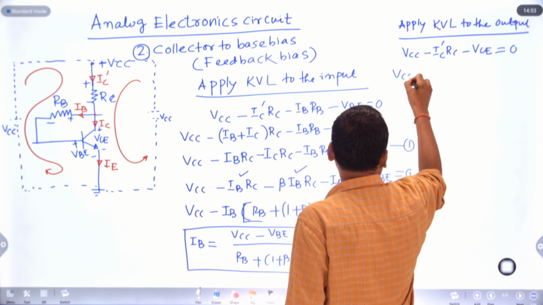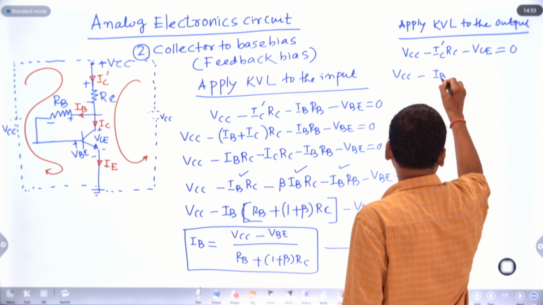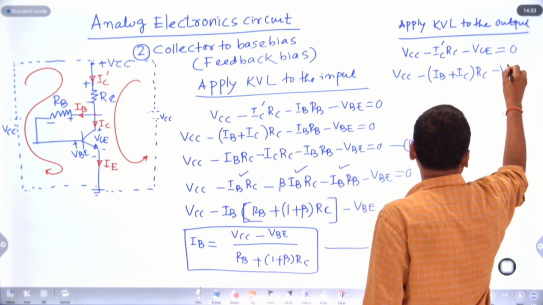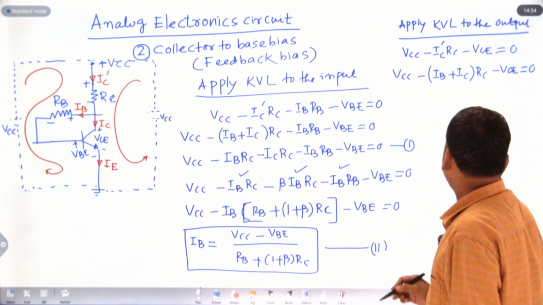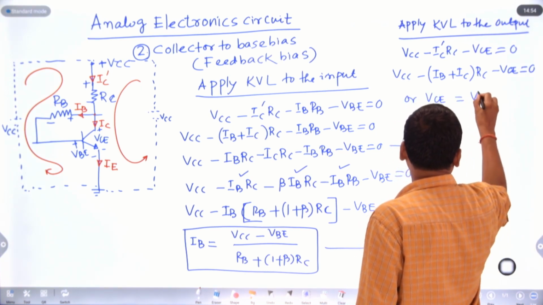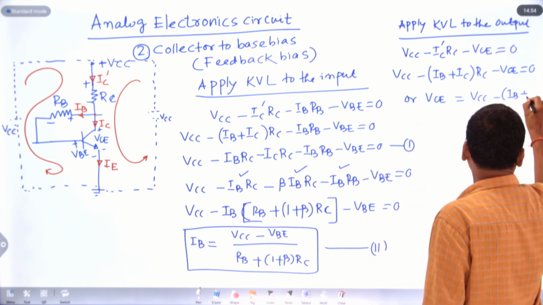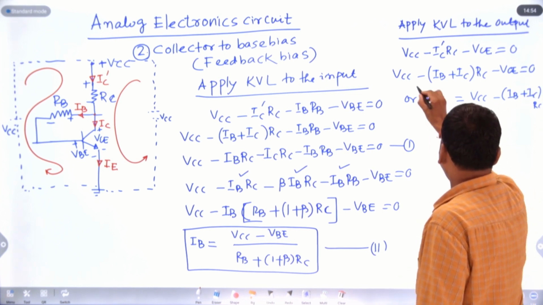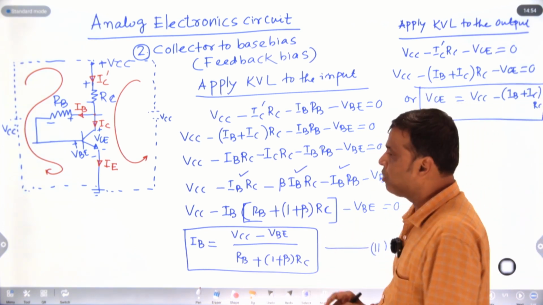So VCC minus IB plus IC whole into RC minus VCE equal to 0. Or VCE equals VCC minus IB plus IC whole into RC. This is my input equation and this is my output equation.